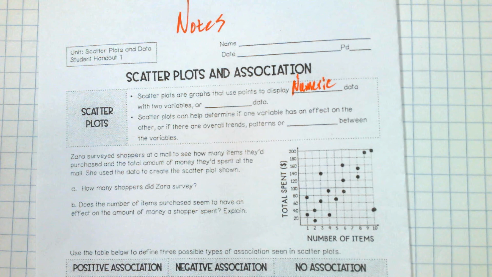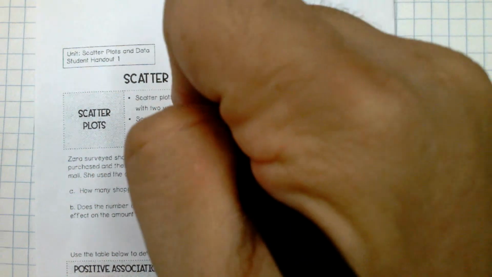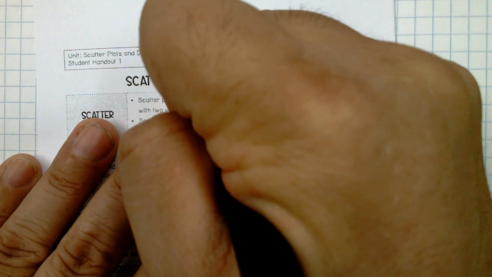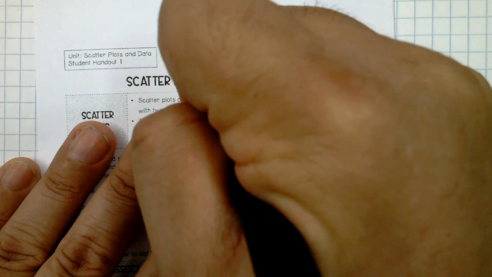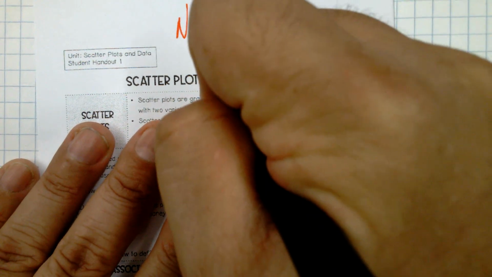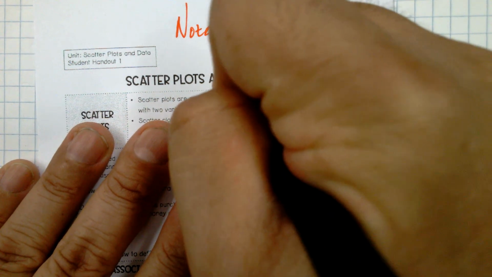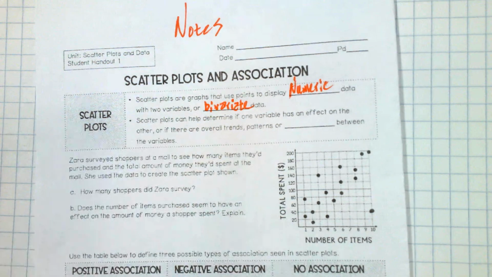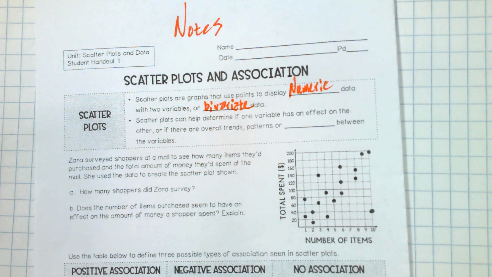Numeric data with two variables, and that's also known as bivariate. Bivariate meaning from two different variables. We call it bivariate data.